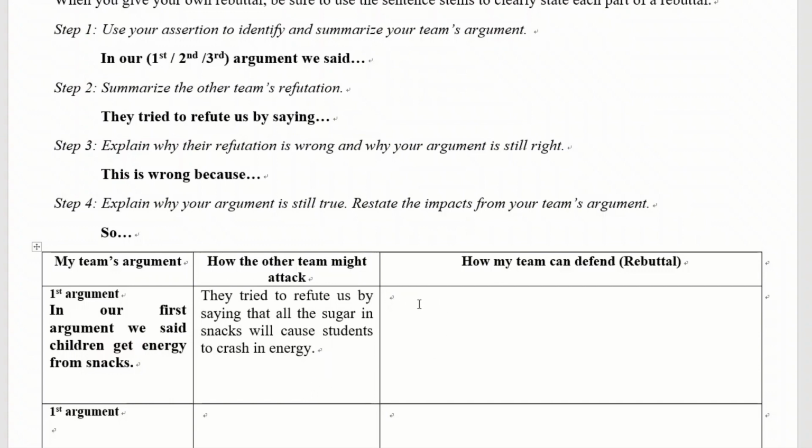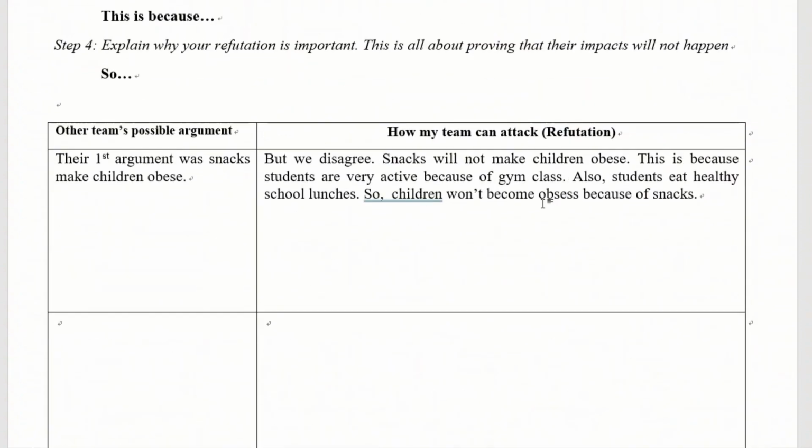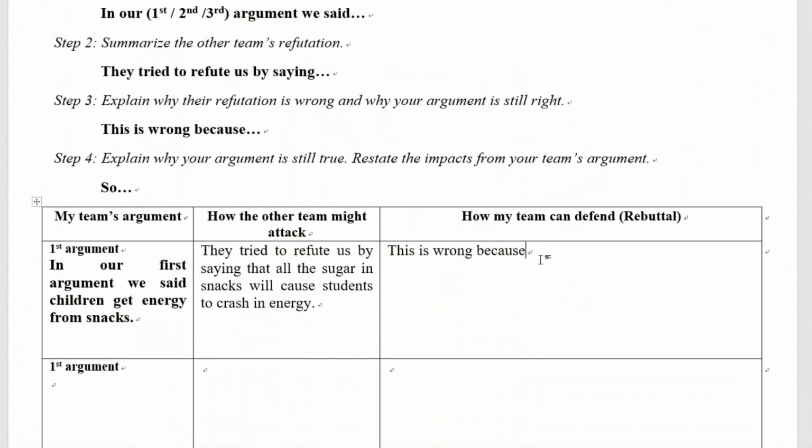All right, so this is how I think the other team would attack. Now I need to attack back, defend us, right? So explain why their refutation is wrong and why your argument is still right. So over here, this is wrong because, and for me, I'm going to actually talk about what we said here in our refutation because I think it still works.